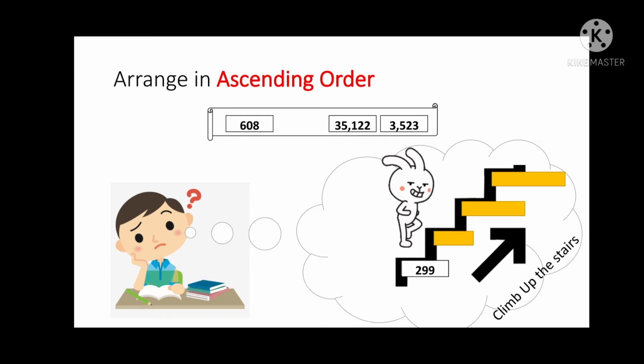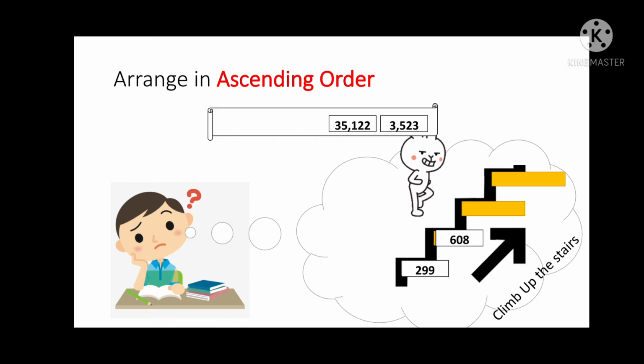So ascend. Then 608. Then which one comes next? 3,523 or 35,122? The smaller one is 3,523.